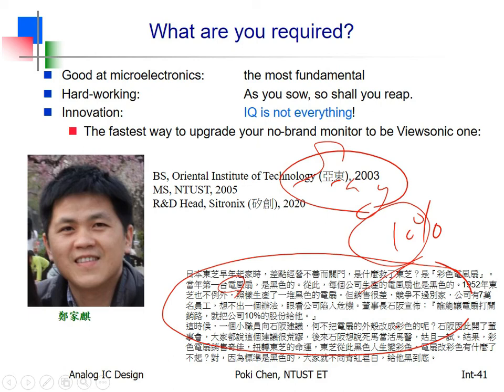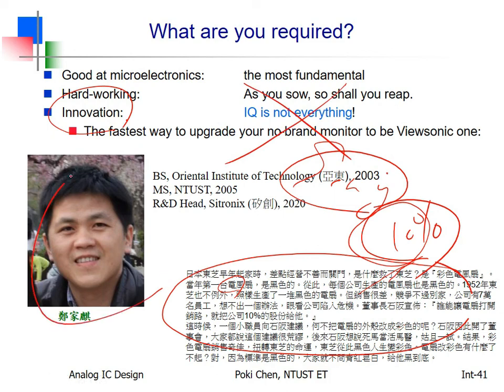The company made a lot of money. And the guy got 10% of the stock. Wow. That is the so-called innovation. You need such innovation to be talented, to be outstanding in this field. IQ, again, I cannot say means nothing, but IQ is not everything. Just like my student, he defeated all the PhDs from NTU, NTHU, NCTU, NCKU, all of them.